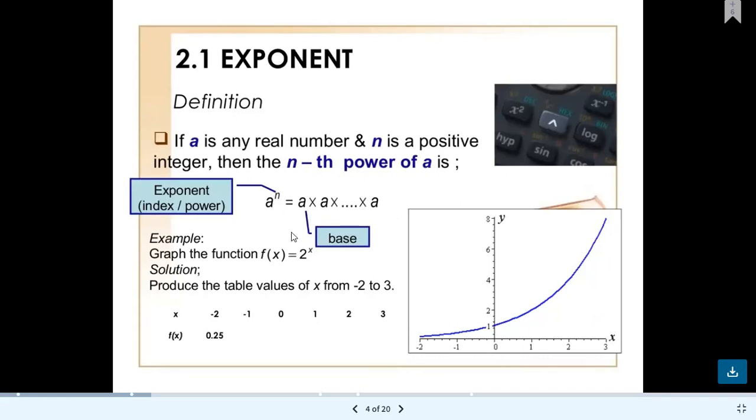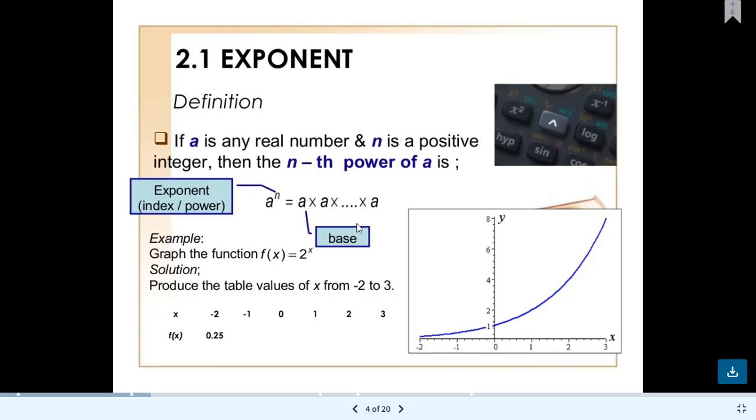So instead na minamanual natin na for example, 2 raised to 2, raised to 3, instead na mag 2 times 2 times 2 pa tayo pag na-represent natin, we just simply represent it this way. So 2 cubed or 2 raised to 3.